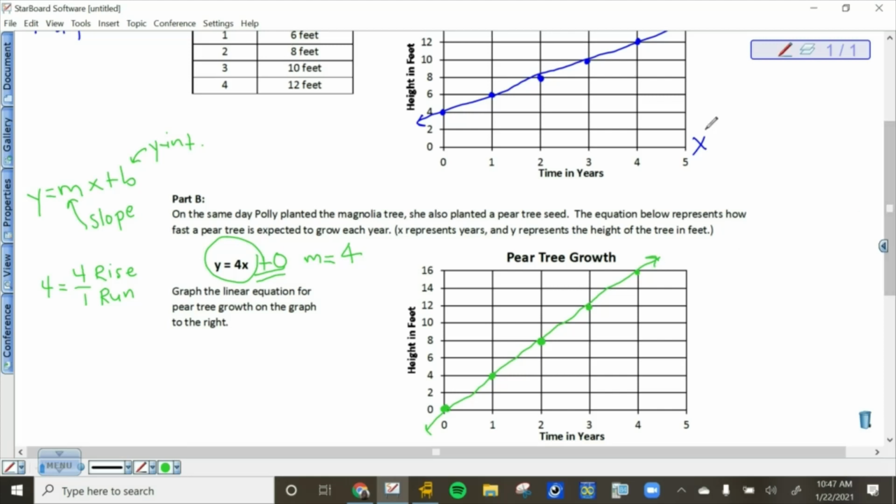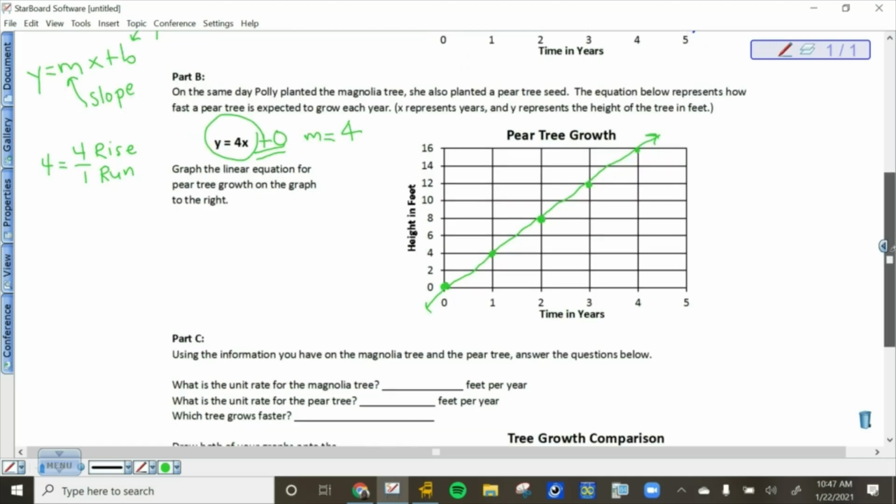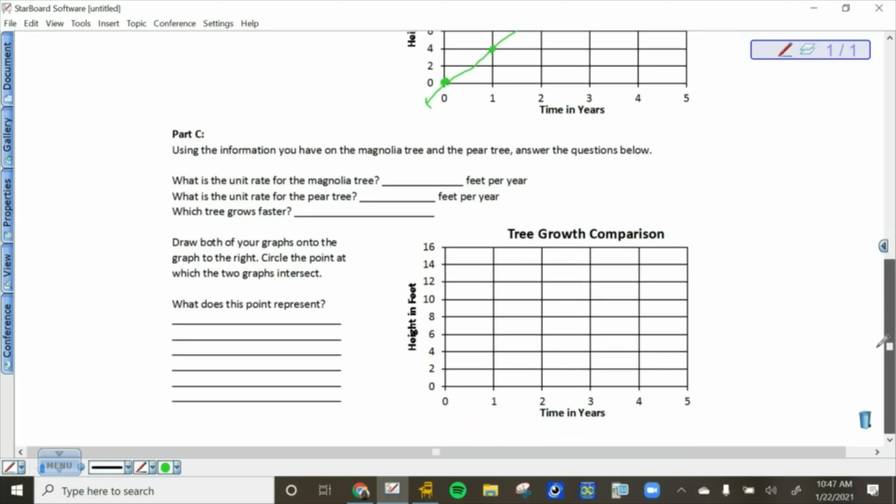Okay. Now part C, I'm going to have you do on your own for the next couple minutes, but I'll walk you through it. We want to first look at the unit rates of the magnolia tree and the pear tree. What that means is every year, how much does each tree grow? And then decide which tree grows faster.